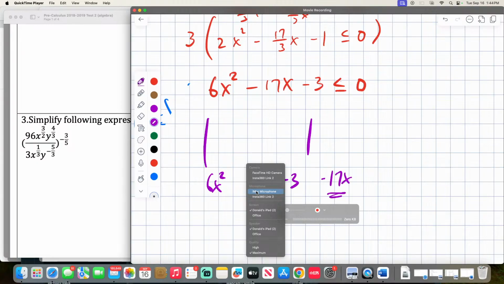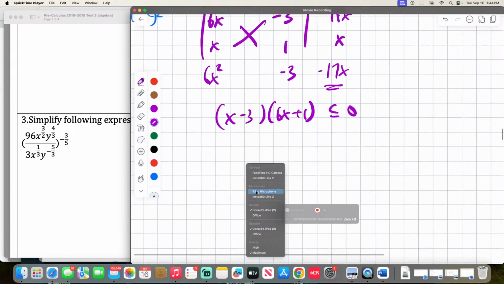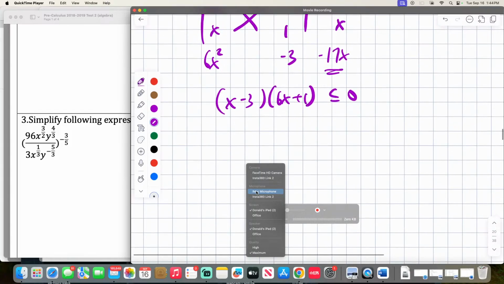I know 6 times 3 is 18, so it's probably just 18 minus 1. Usually I do 3 and 2, but in this case I see what happened. So 3 and 1. So this is going to be 18x, and this is x. This is going to be negative. So it'll be x minus 3 times 6x plus 1, and it's less than 0. So this is the one part that you have here.